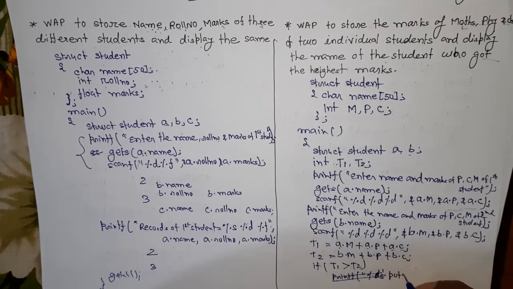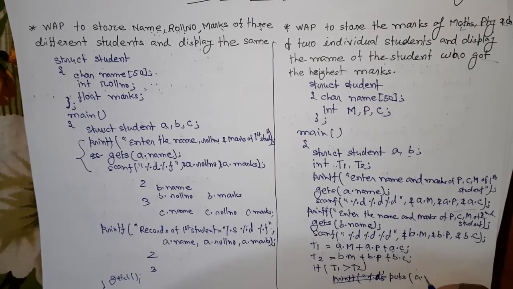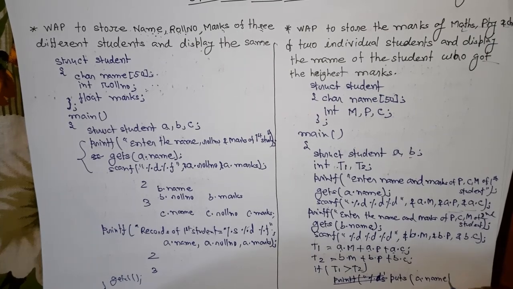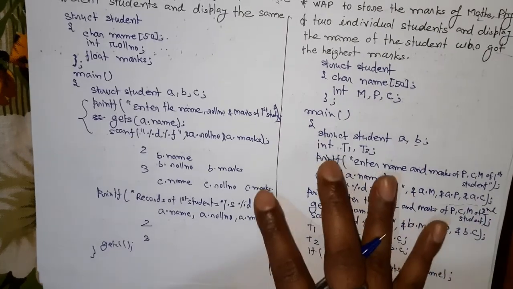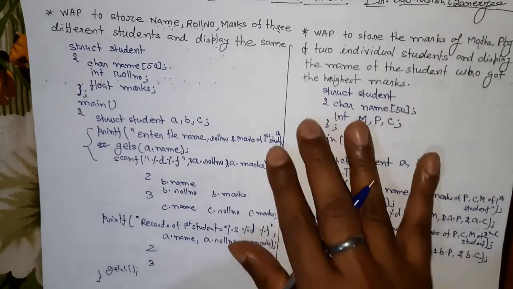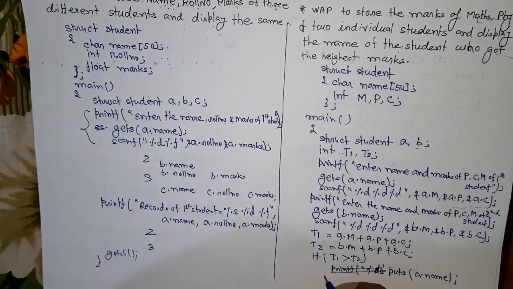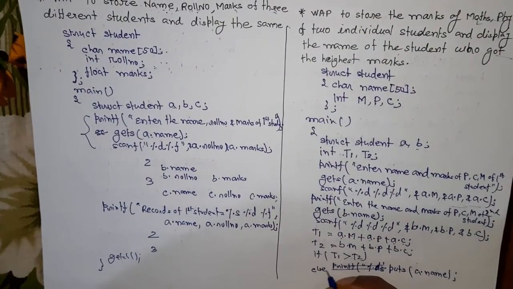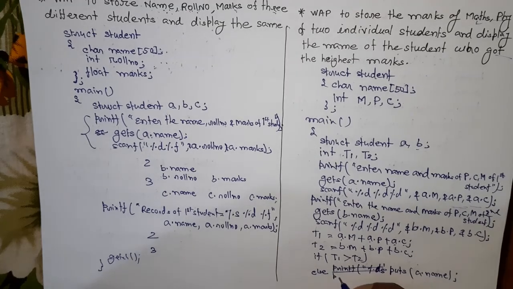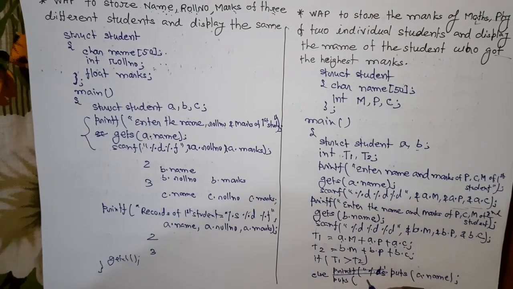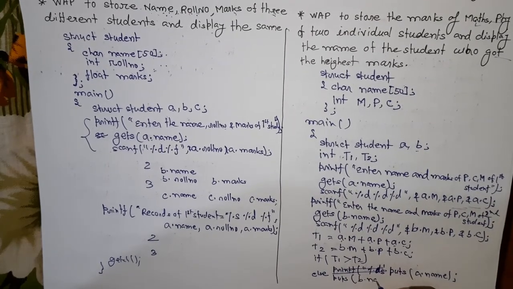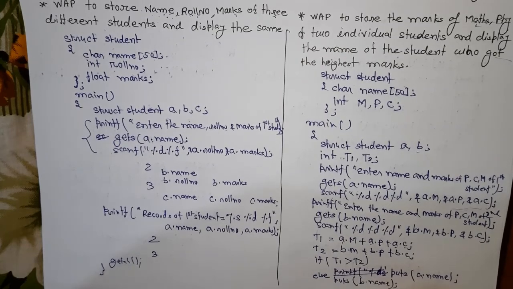Let's have puts a dot name, or else, what should it be? Puts b dot name. That's it. This is the thing.